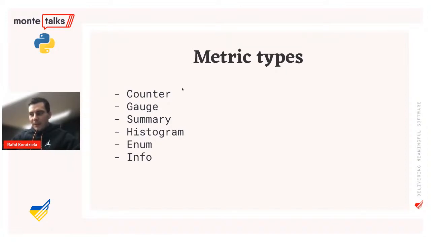The counter metric might be incremented or decremented. Another type is gauge. Gauge is very similar to counter, with the difference that the metric value can be set to any number, not just incremented. But of course, it supports incrementation and decrementation methods like counter.